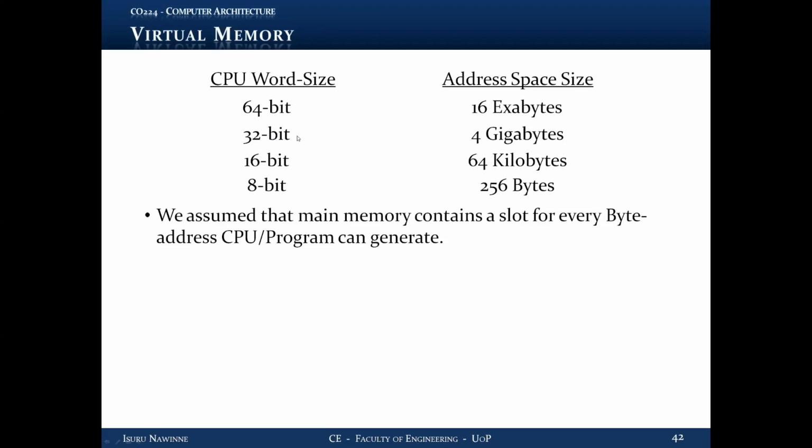So what made people replace the architecture was when you start having bigger memories than addressable by the current mainstream CPU word size. Somewhere in the late 1990s to early 2000s, the bigger supercomputers started reaching this 4 gigabyte memory limit.